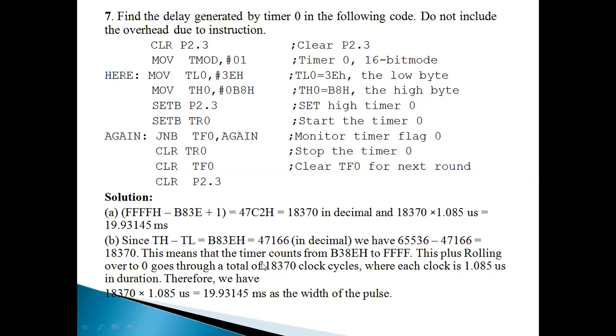This means that the timer counts from B83EH to FFFFH, and then rolls over to 0, going through a total of 18,370 clock cycles. Each clock is 1.085 microseconds in duration, which is the duration of each machine cycle. Therefore, we have 18,370 into 1.085 microseconds, which gives us the answer 19.93145 milliseconds as the width of the pulse.